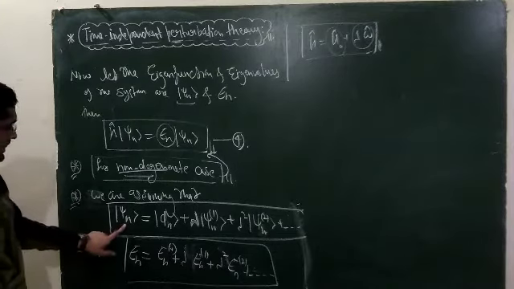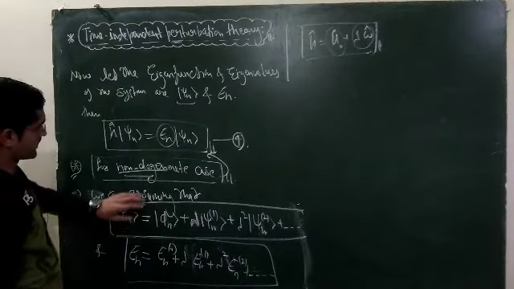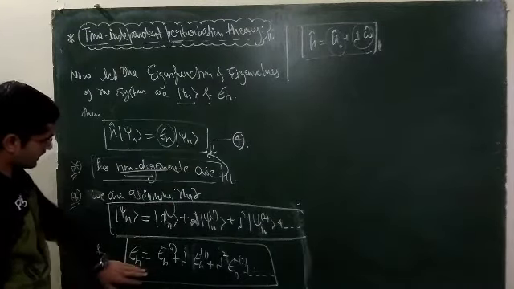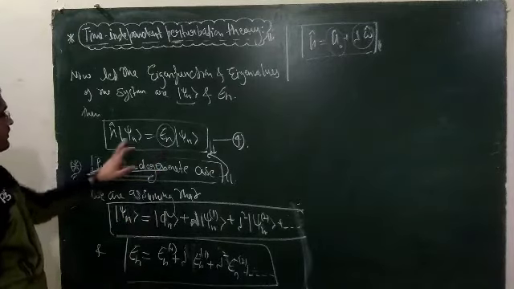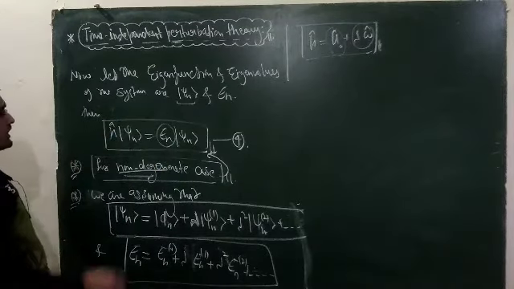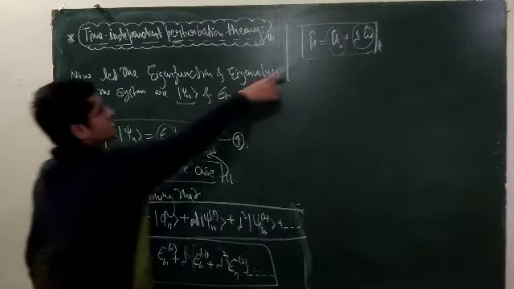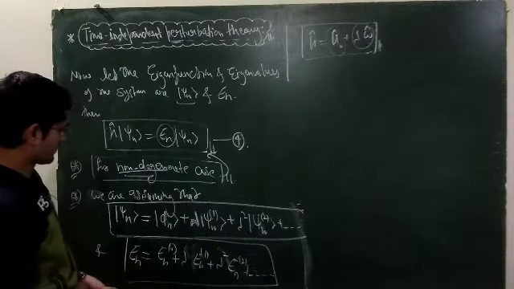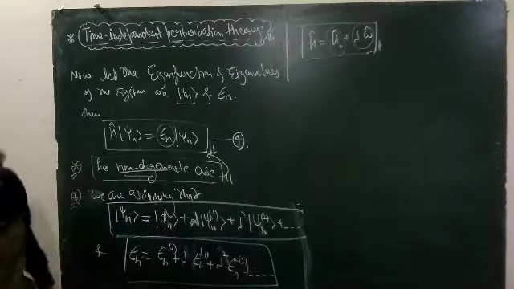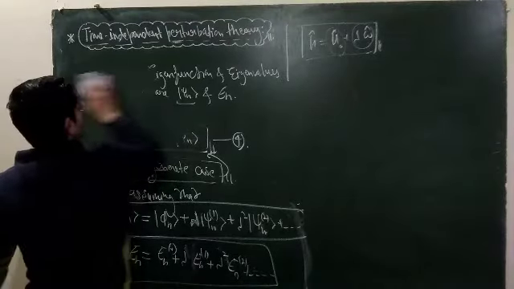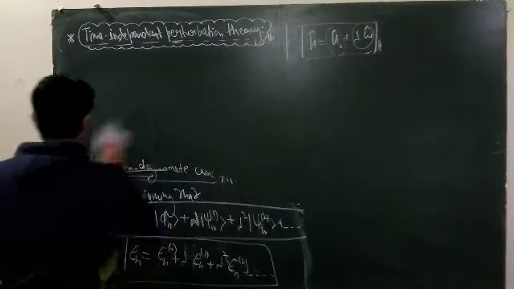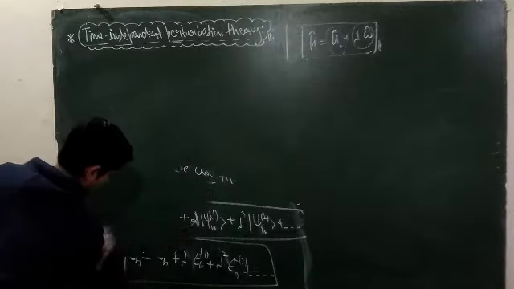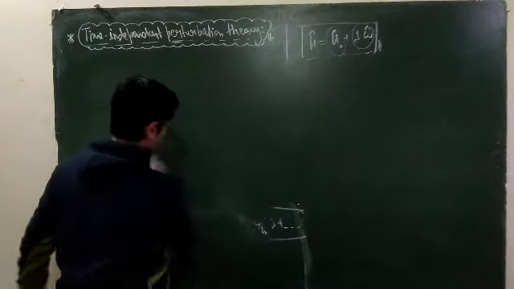Now you just have to do a very simple calculation. You just have to put this equation into equation number 4, and for this H cap, the Hamiltonian of the system, you just have to put this particular value. So let me write it properly because it will be a long equation.